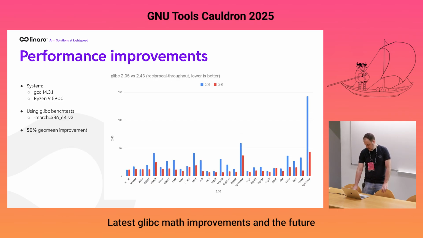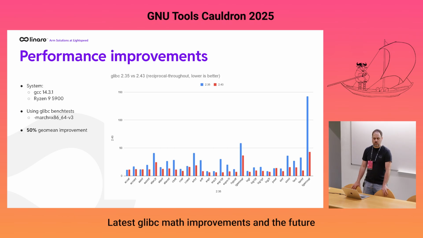It's the same for x86 using a Zen 3 chip, which is a new chip that I have access to. For this one, I did a slightly different build. I used x86-64 version 3 as the default ABI because that's the one that provides FMA and other instructions.